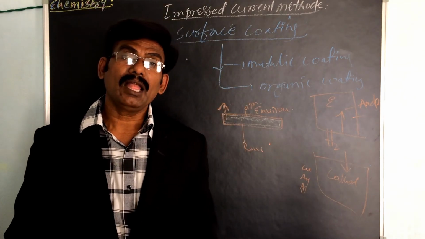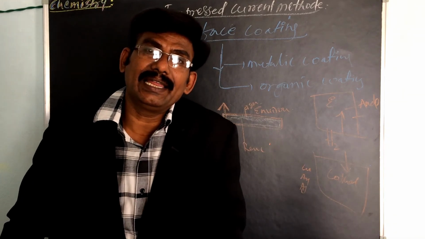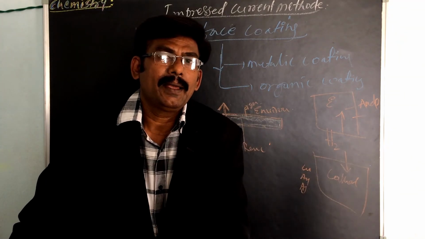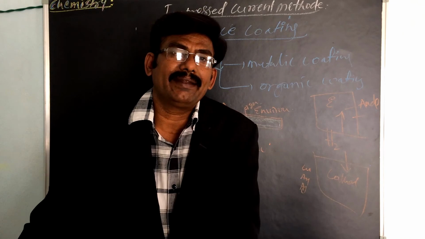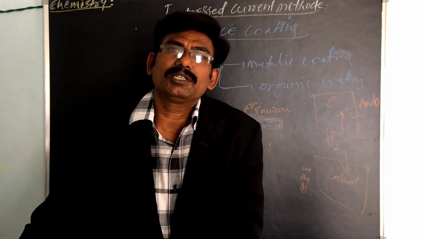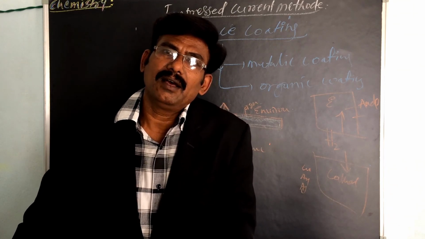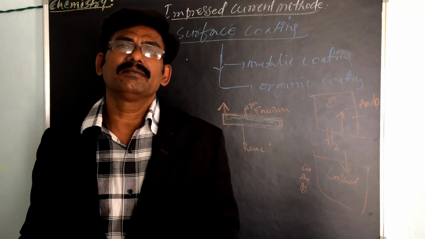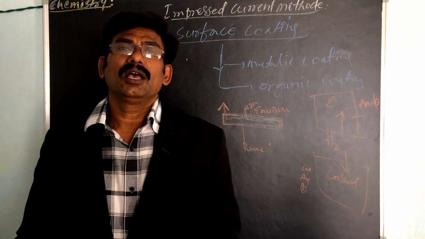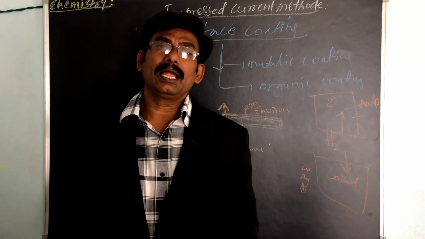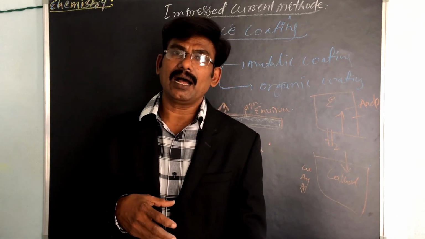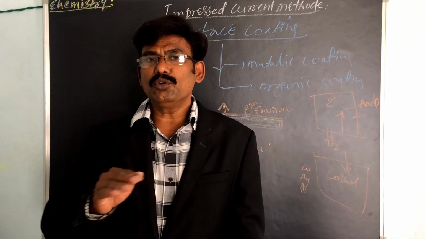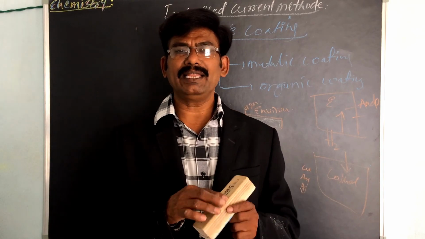Now alkali cleaning. Alkali means a base cleaning, with sodium hydroxide or trisodium phosphate, soaps or wetting agents. That is the alkali cleaning. And then pickling or etching, to remove the scales adhering to the metal.